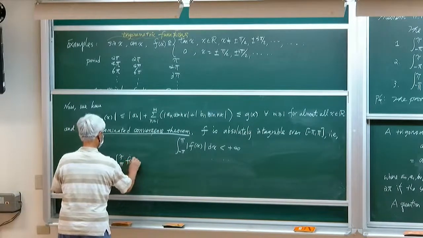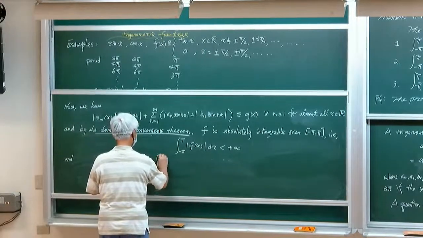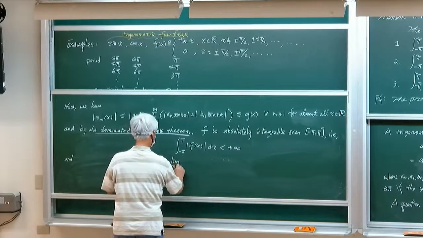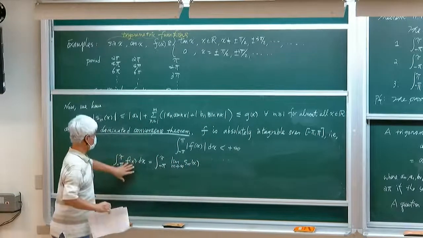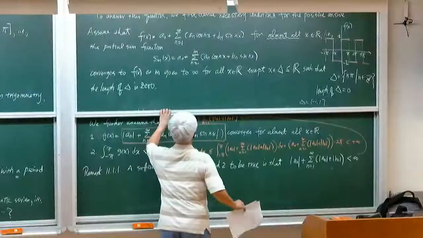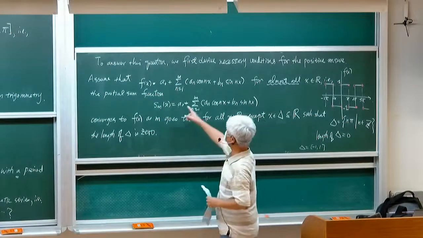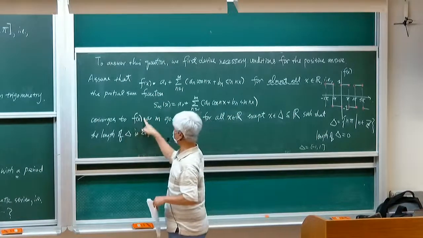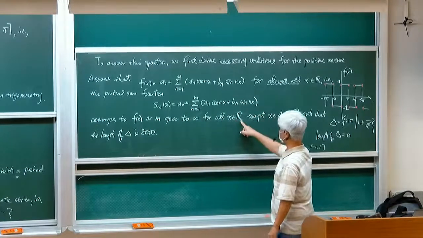As we know, f of x is obtained by the partial sum, right? So the partial sum will converge to f of x as m goes to infinity, for almost all x.